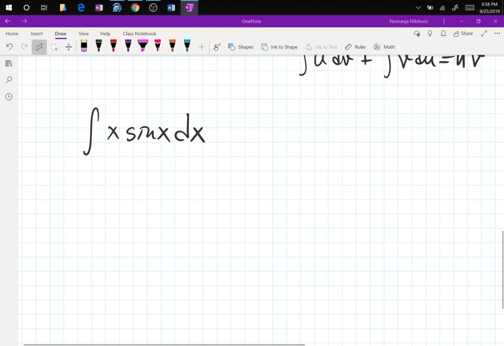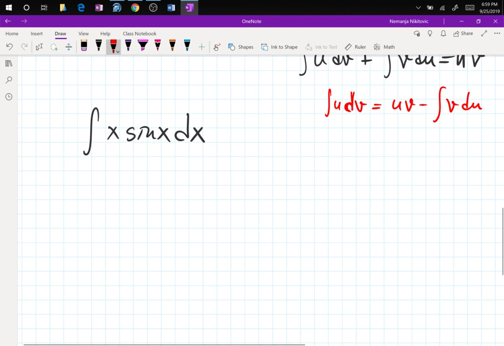Now, to do integration by parts, you set up a chart of these values. Let me write the formula one more time. When you rearrange it, you get the integral of u dv is equal to uv minus the integral of v du. So, what are the players in this game? u, v, du, dv.